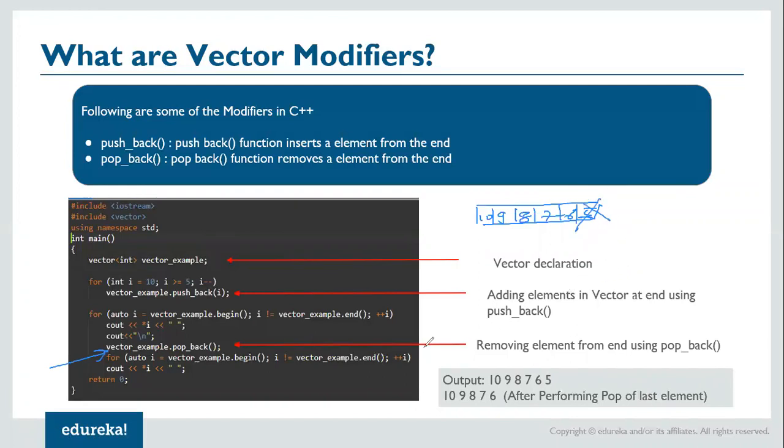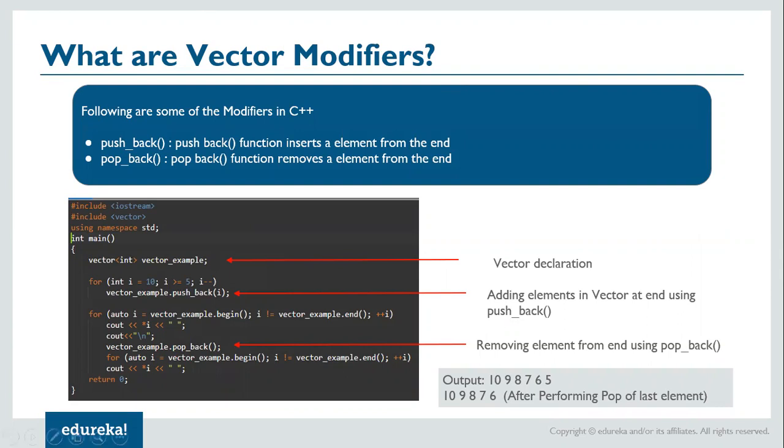If you then display the entries from the vector, the output is going to be 10, 9, 8, 7, 6 and not 5, because it has already been popped from the container. So this is how we make use of some of the modifiers. Modifiers are the functions which modify the content of the container, which is a vector container in this particular case.